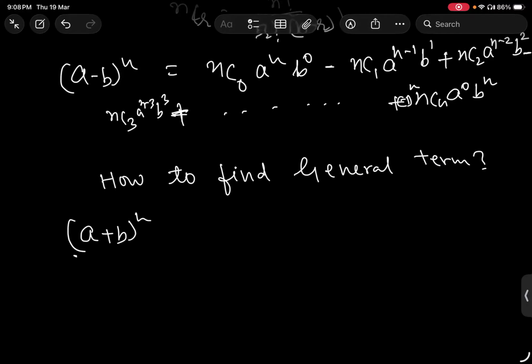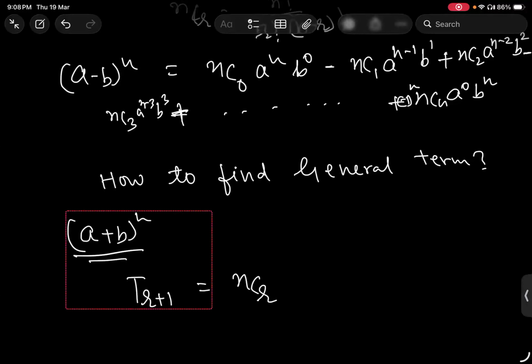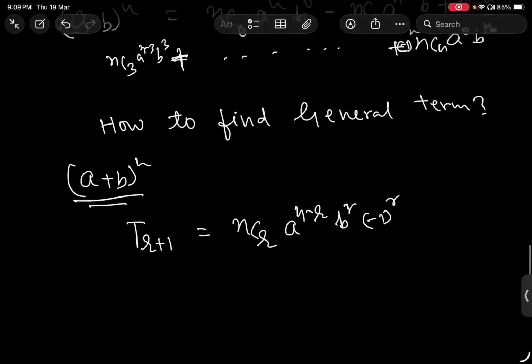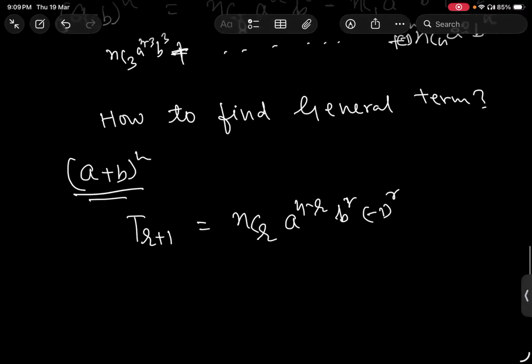To find a particular term, suppose we have to find t(r+1), this will be nCr a^(n-r) b^r. If there is a negative sign between the two terms, then we can take (-1)^r as well. So this is called the general term.